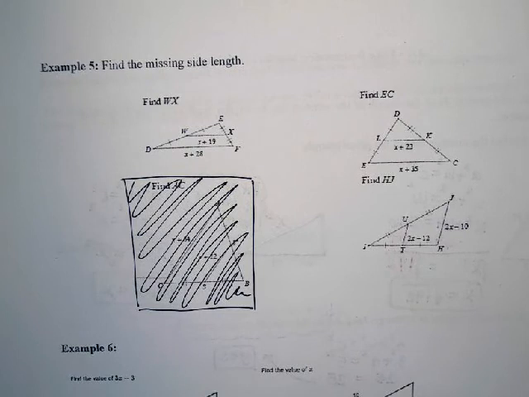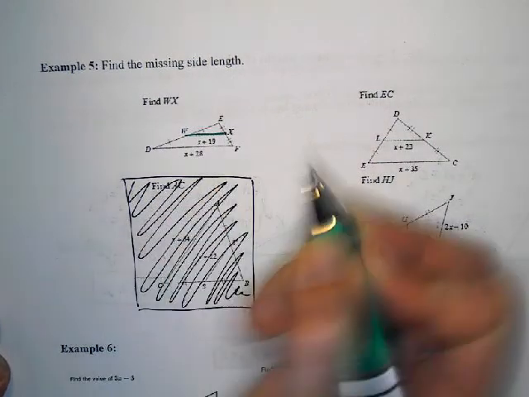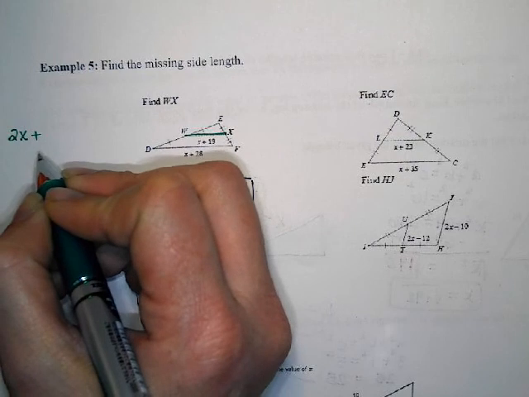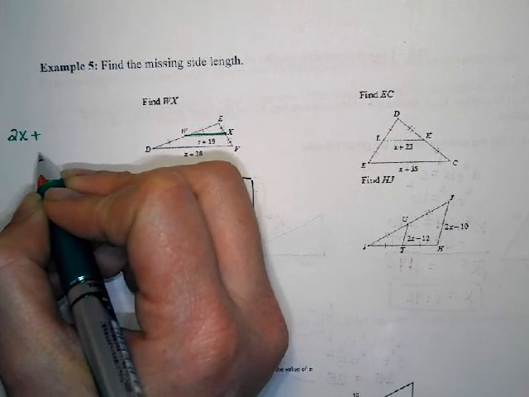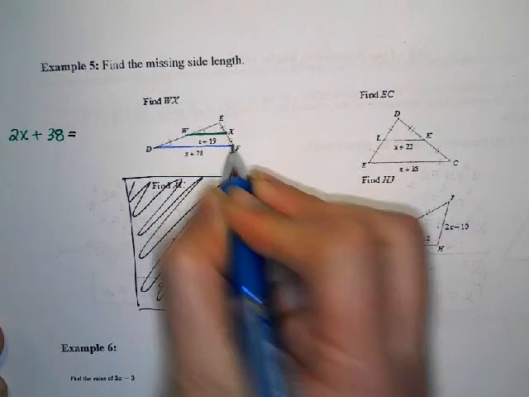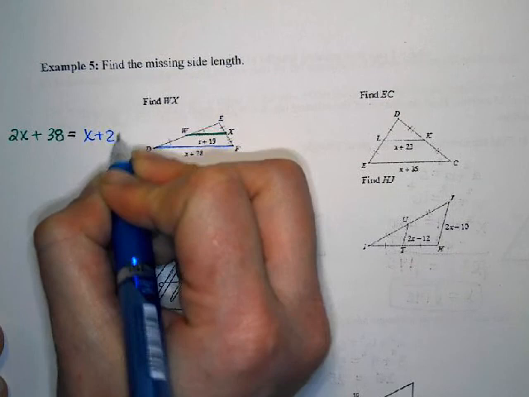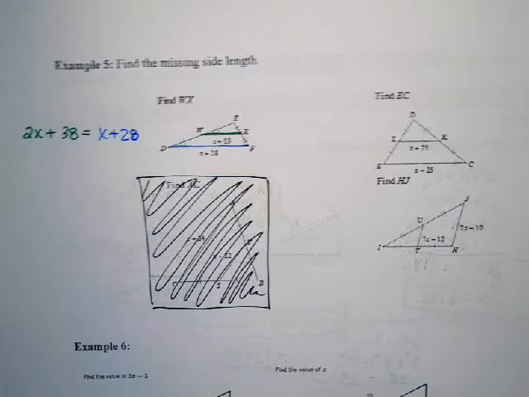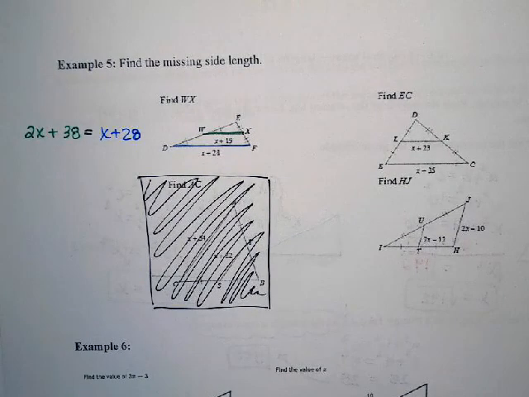I'm going to set up an equation so that I can find x, and then I'm going to see if anybody can tell what I did. Right. This is how I would set up an equation to solve for x.